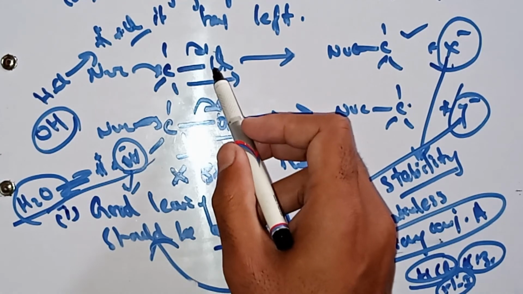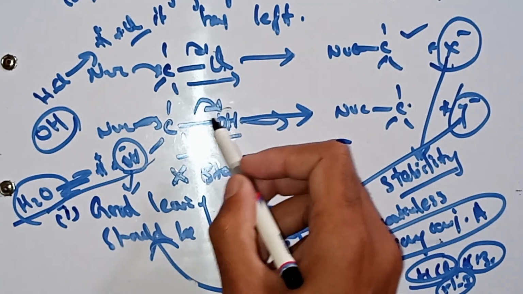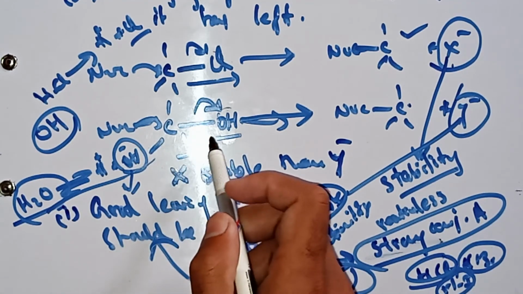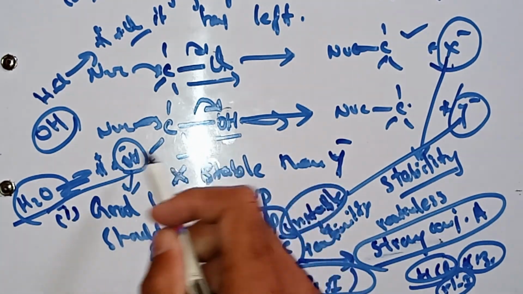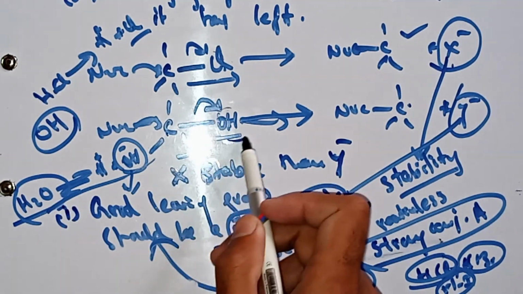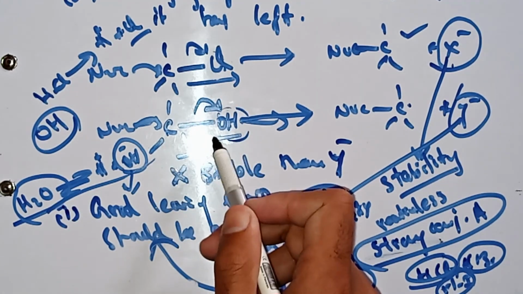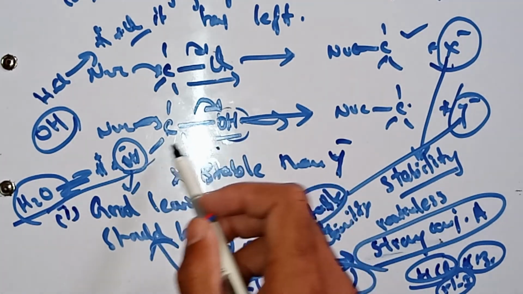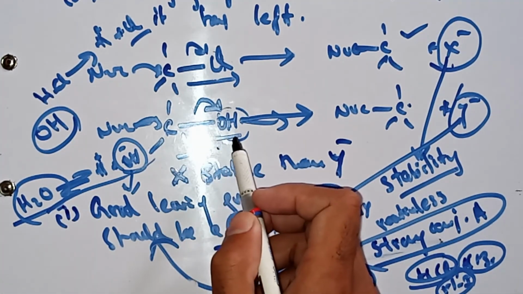because it is a weaker base. But in this other case, with the same nucleophile and same substrate, only the leaving group is different, which is OH. When the nucleophile attacks this carbon, the OH group will not easily leave because OH is a strong base.